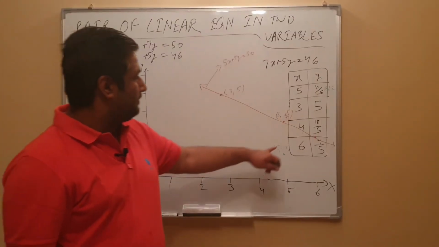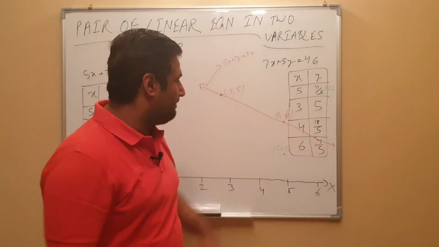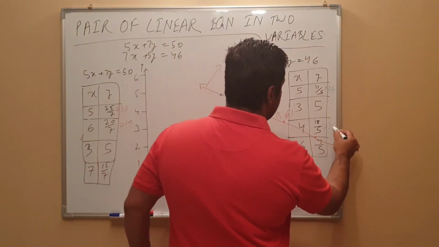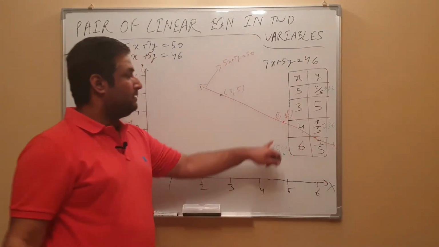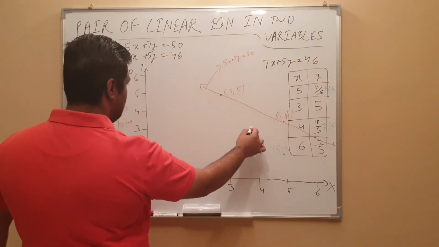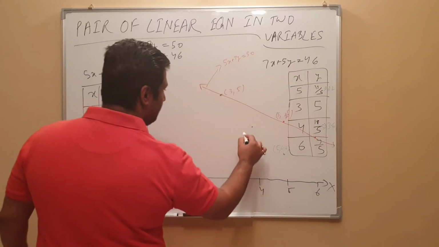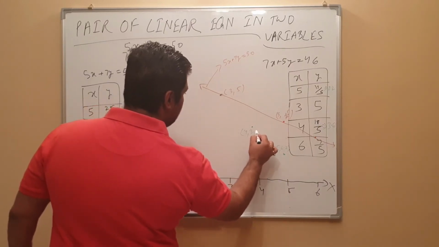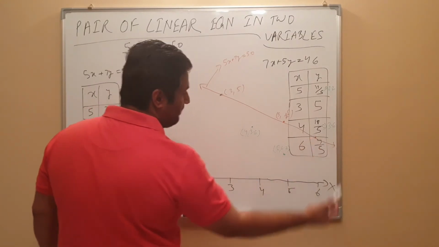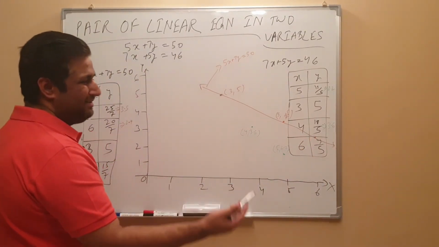And then the next one is 4 and 18 by 5. Now 18 by 5 will be 3.6 somewhere, okay? So x is 4 and y is 3.6. So it's going to come somewhere here. And the last one is 6 and 4 by 5. So 4 by 5 is 0.8.